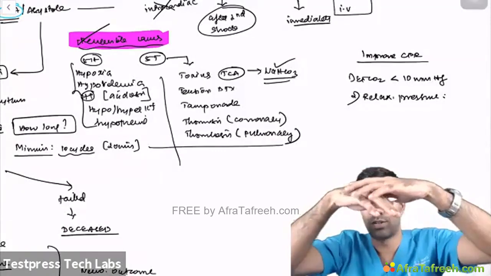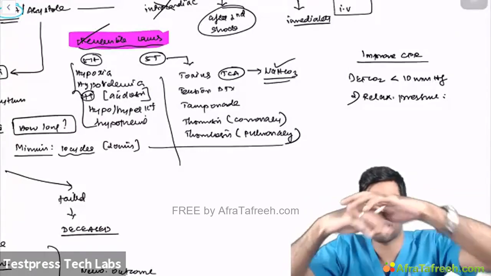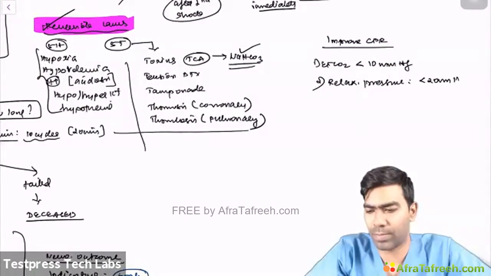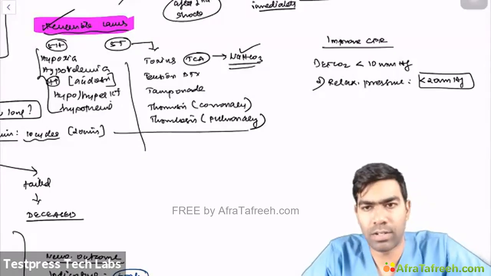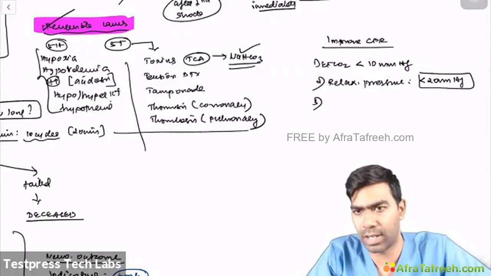When you're doing CPR, it's no longer systole and diastole, it's a compression pressure and a relaxation pressure. If your relaxation pressure is less than 20 millimeters of mercury on monitoring, that means it's poor quality CPR and you have to improve it, which means your compressions are not that great.